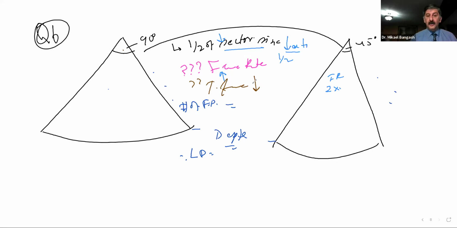But you can even go and say decrease to half, which may mean that I had the frame time over here, for instance, being 1 second, or frame time over here would have been half a second. Just for instance.